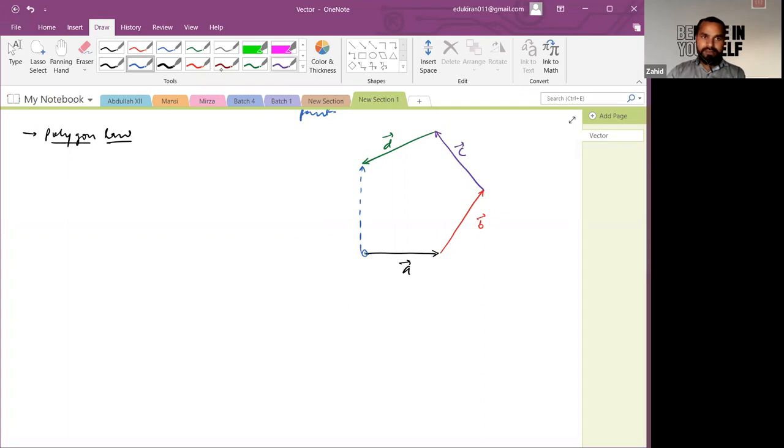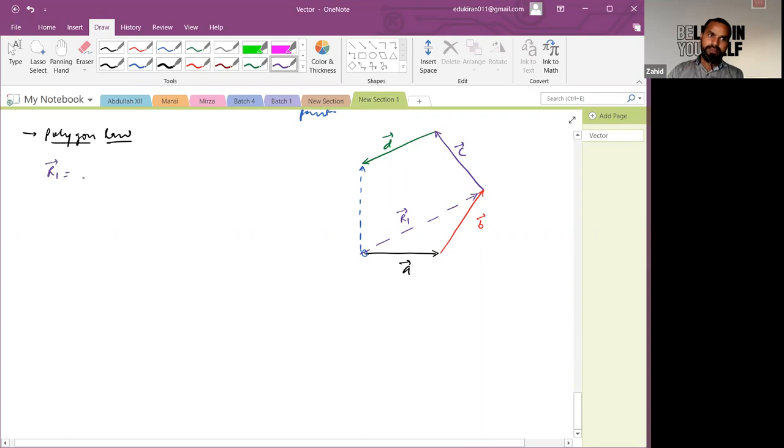Or we may define this particular resultant in some other way as well. Let's say if you join from this point to this point, we call it R1. So R1 will be equal to A plus B using triangle law.